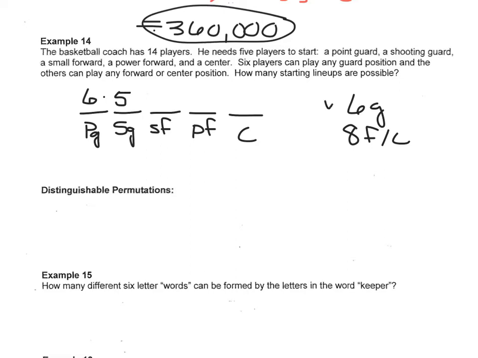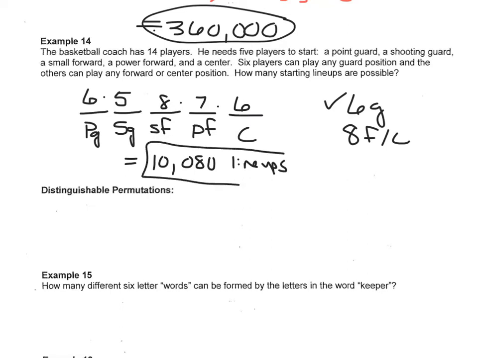And that takes care of all the guards. There's 30 different combinations of how those 6 players can fill those 2 slots. And then I move on to the 8, step down to 7, then 6, for a total of 10,080 different lineups. Remember that when you do fantasy next season.